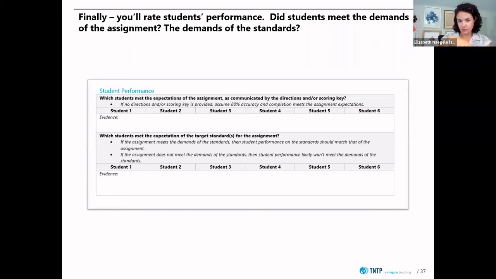We don't have complete student work today, so we're not looking at that. But when thinking about applying this tool to improve science instruction in your building, you can use it to look at the quality of the assignment itself and at how kids are doing compared to the standards by looking at samples of completed student work.